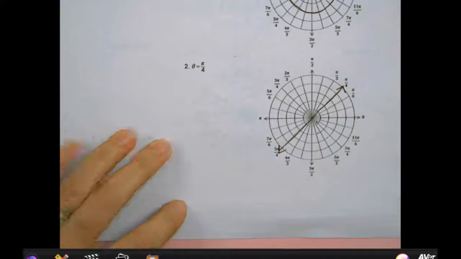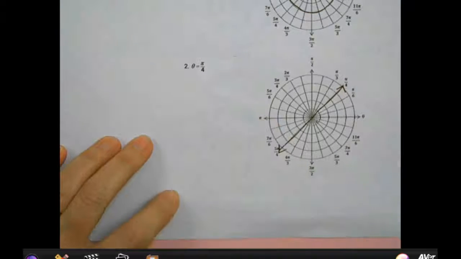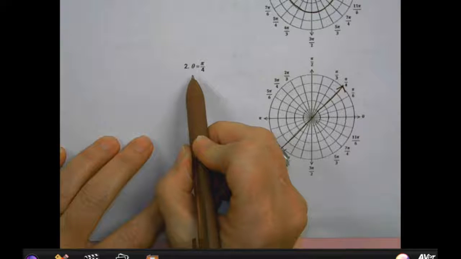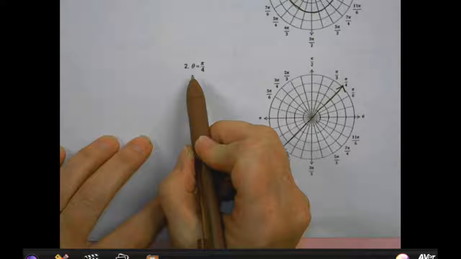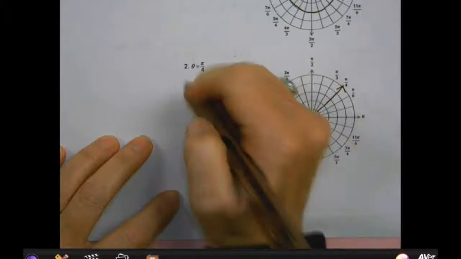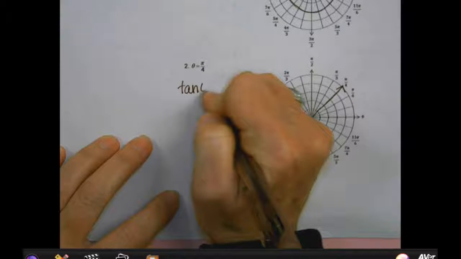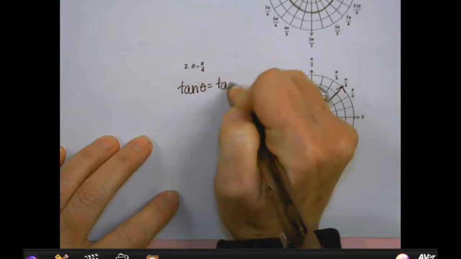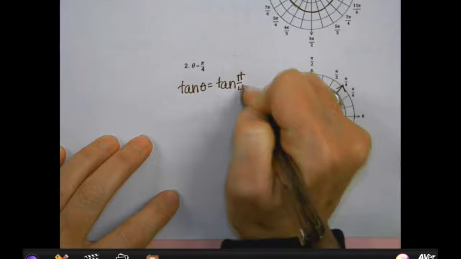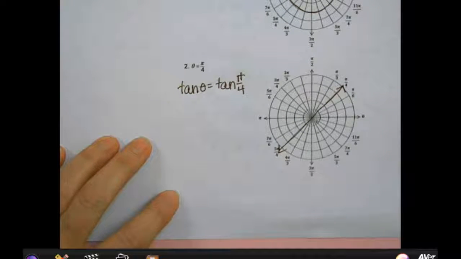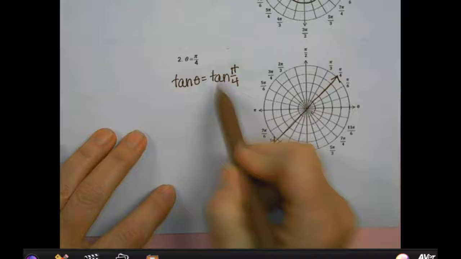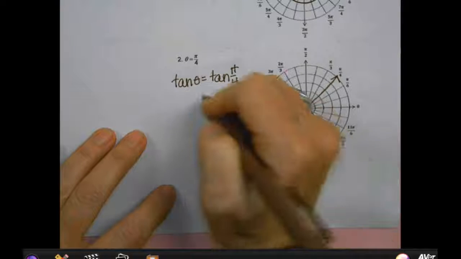So now I need the rectangular equation of this. This has a theta. I have to get rid of the theta, so it only has x and y. So I'm going to take the tangent on both sides. What is the tangent of pi over 4? 1, right?